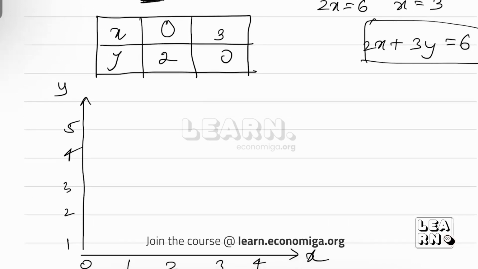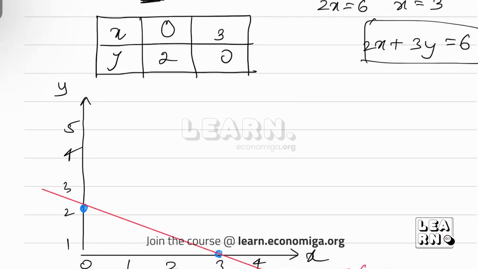The 2 points that I've got here are (0, 2) and (3, 0). I'm going to join these 2 points. This will give me my line 2x plus 3y is equal to 6.